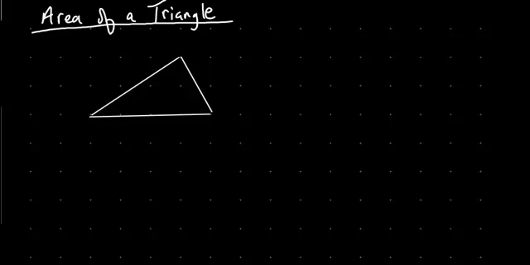I'm going to copy this side over here, and now this side here, I'm going to copy here. And so we just copied the triangle, and we see that we formed a parallelogram.